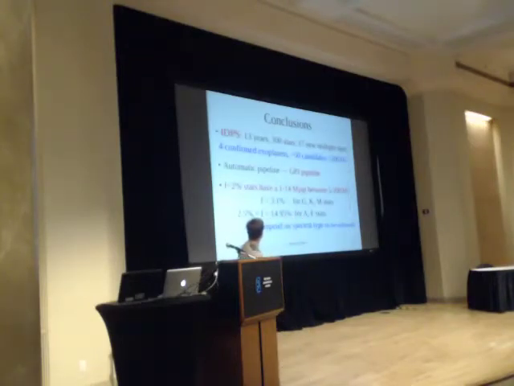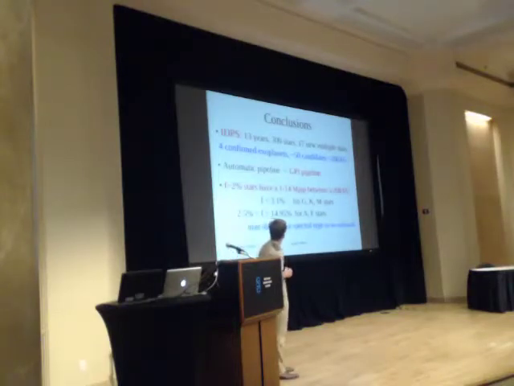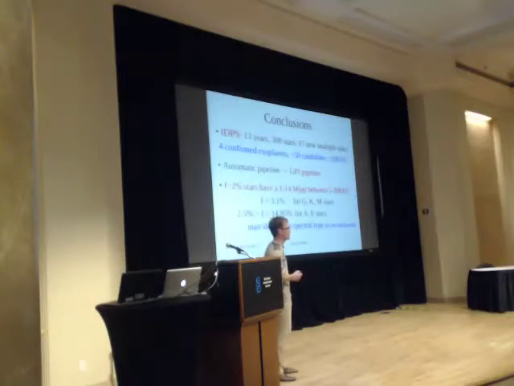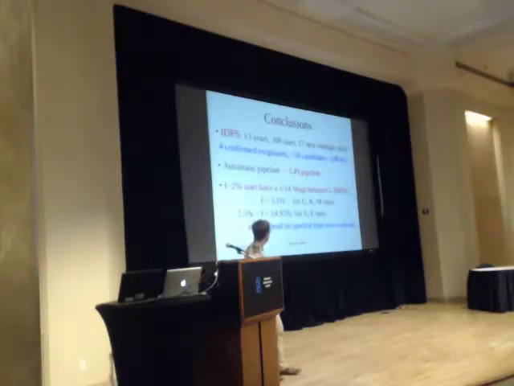So I'm going to just conclude now. The IDPS has been running for 13 years. We detected 17 new multiple stars. We still have about 50 candidates, I would say 10 real candidates for planetary companions. We confirmed 4 exoplanets. The pipeline that we developed has been used as a base.